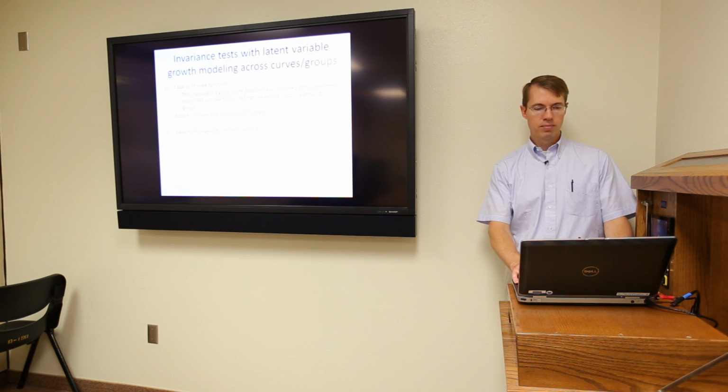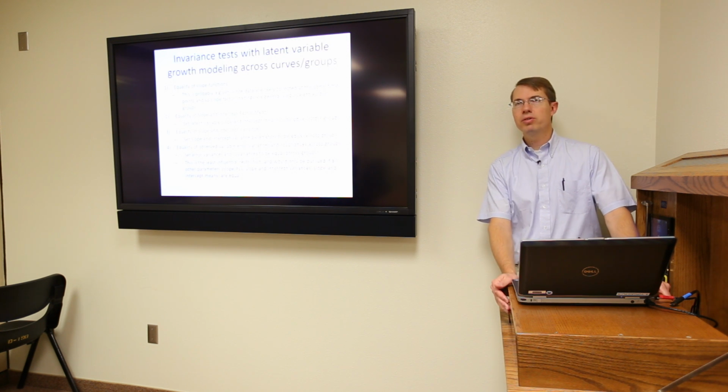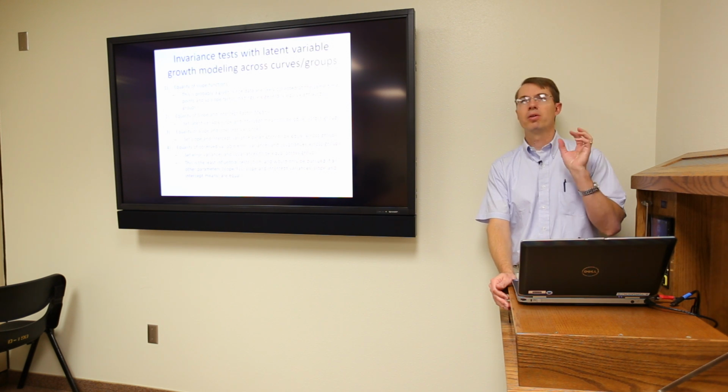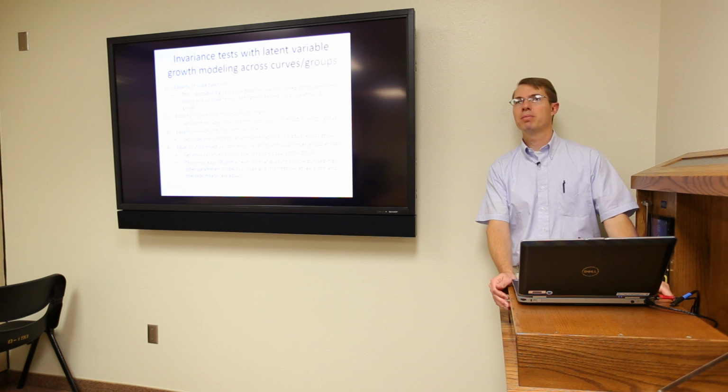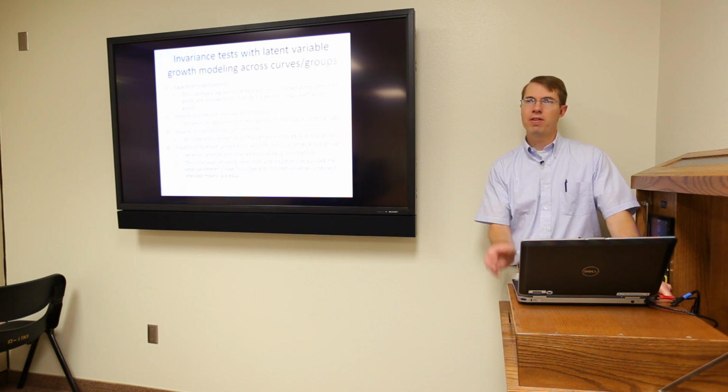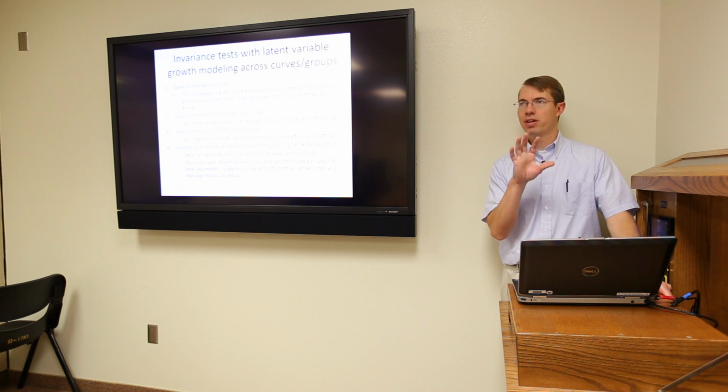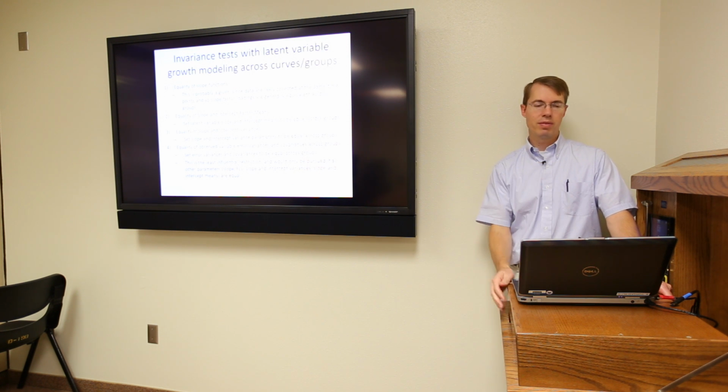And okay, so when we are doing multiple growth curves in the same analysis, it's common to want to do some invariance testing, much like we did with multiple groups or multiple family members, testing measurement invariance and structural invariance, where we tested factor loadings, intercepts, and error variances, and then following measurement invariance, we could test structural invariance.